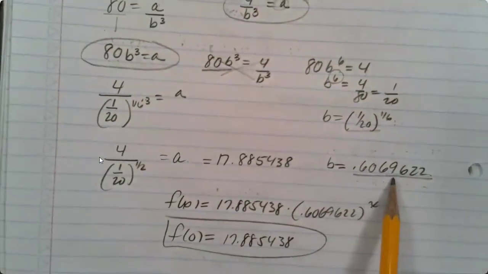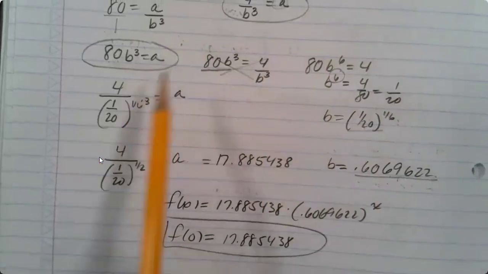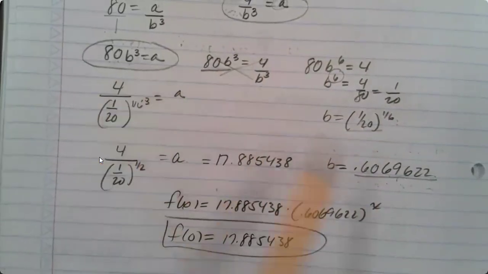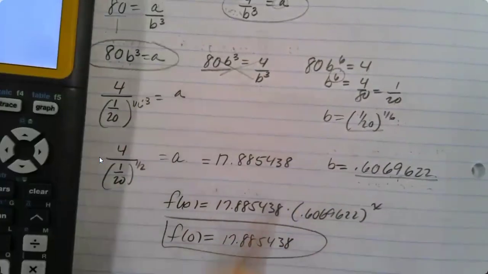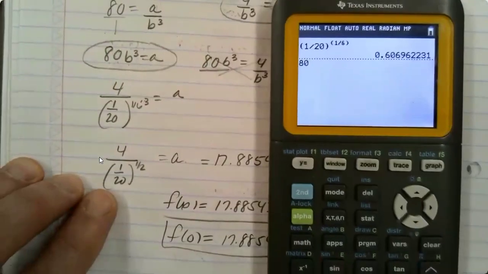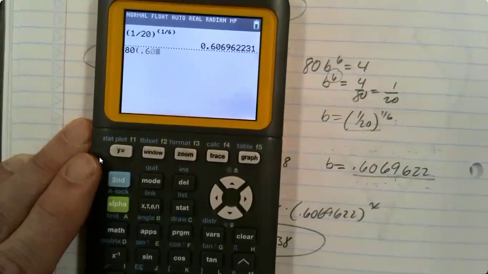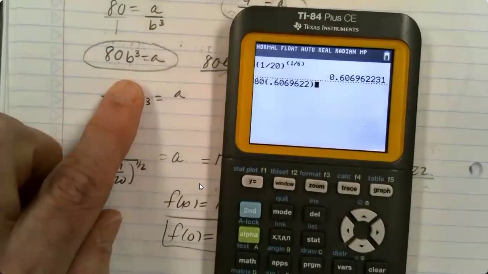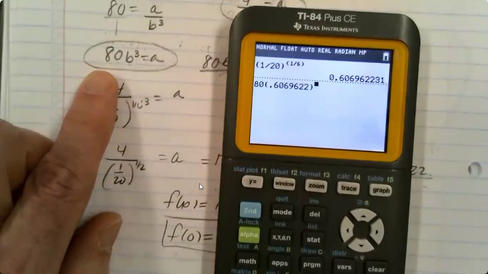You just got to replace that back here to find a. So b is this value right here. What you could do is on your calculator, do 80, parentheses, this is what you found b to be, 0.6069622. Close it. Okay, so this is your 80b cubed.